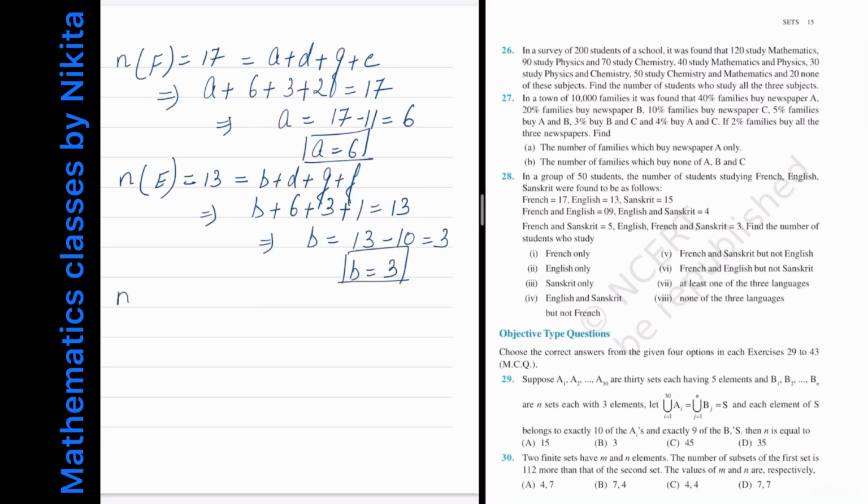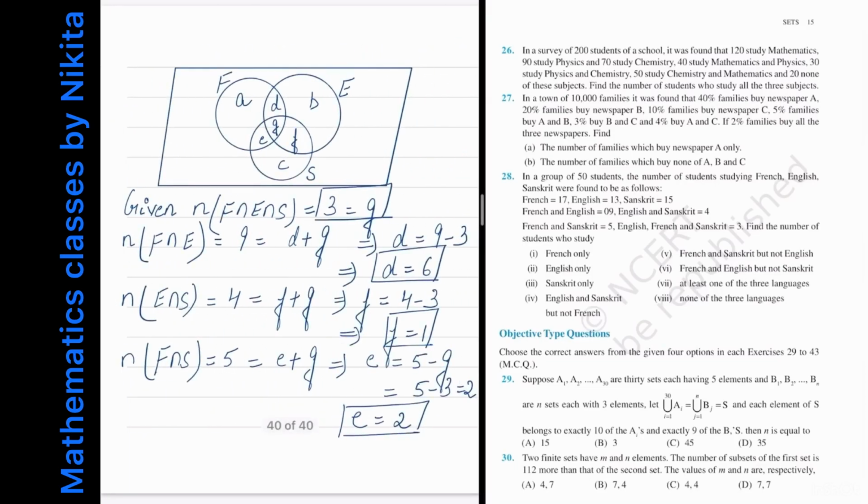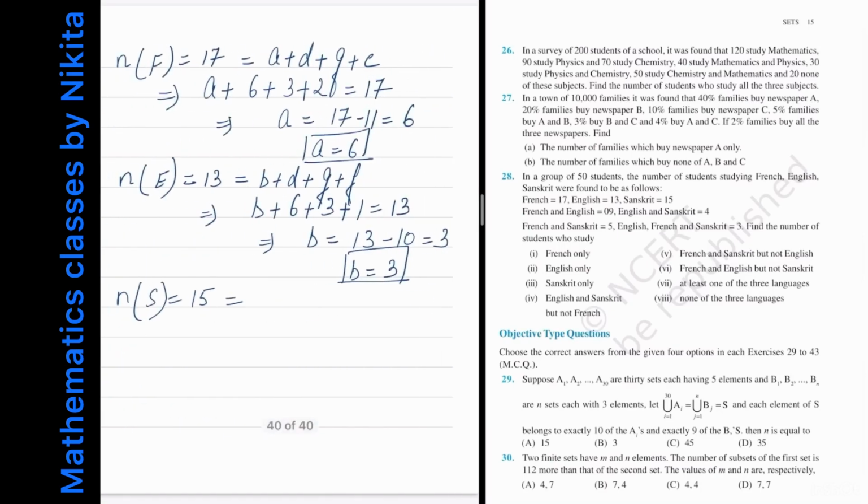Now next it is given that N of S is equal to 15. Now what is N of S? N of S is this circle, which is equal to what? C plus G plus F plus E. So this is equal to C plus G plus F plus E, and this implies C, what is G equal to? 3.